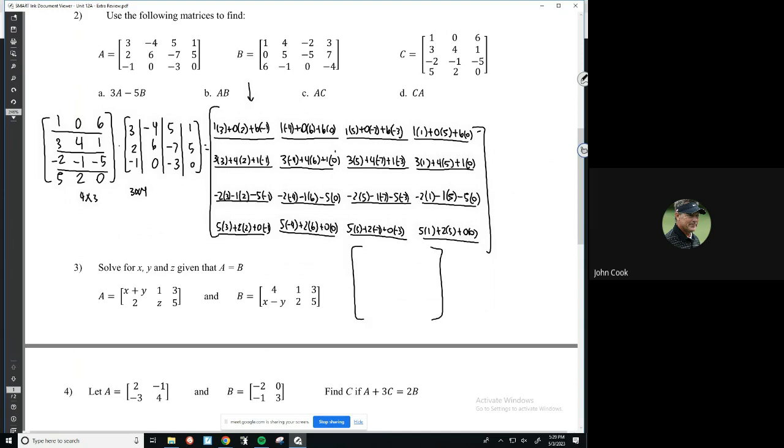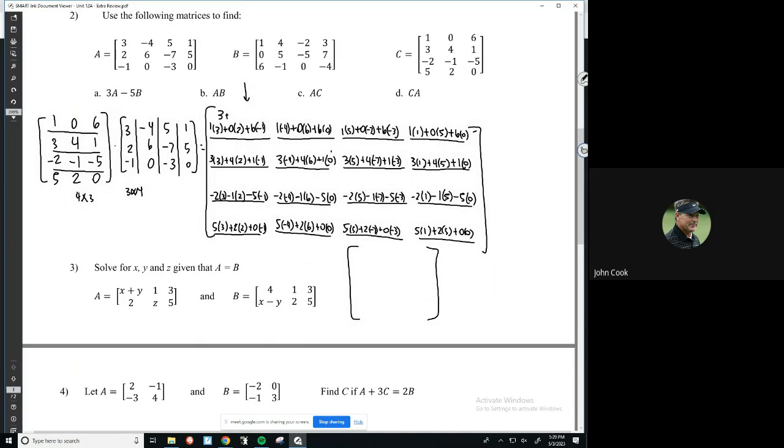Oh, Lord. Okay, so 3 plus 0 minus 6 would be negative 3. Negative 4 plus 0 is negative 4. 5 plus 0 minus 18 is negative 13. And 1 plus 0 is 1. All right.